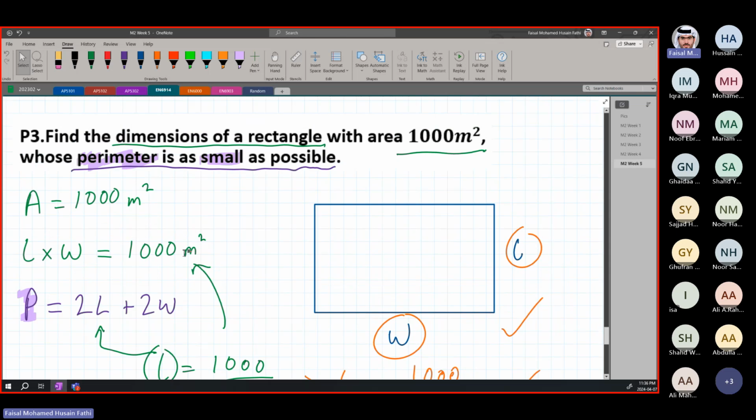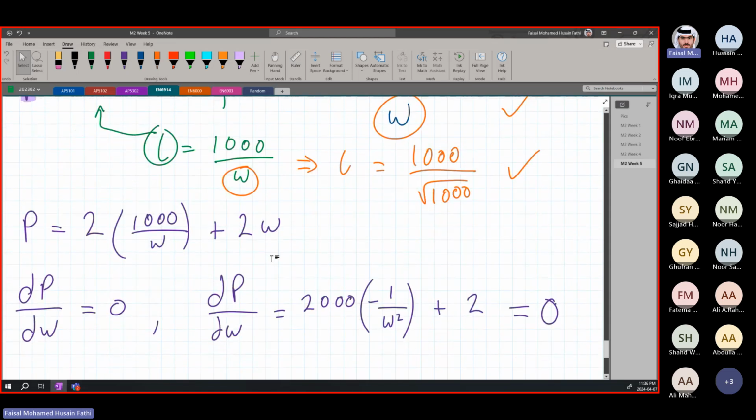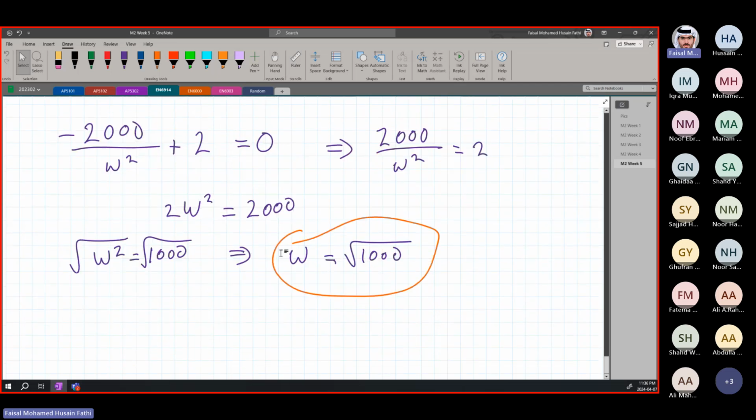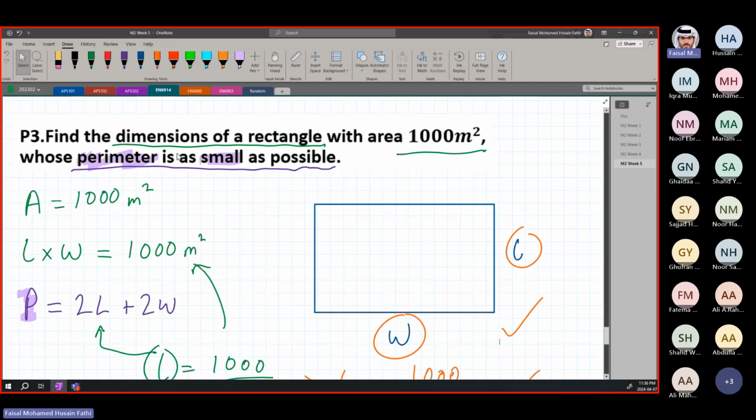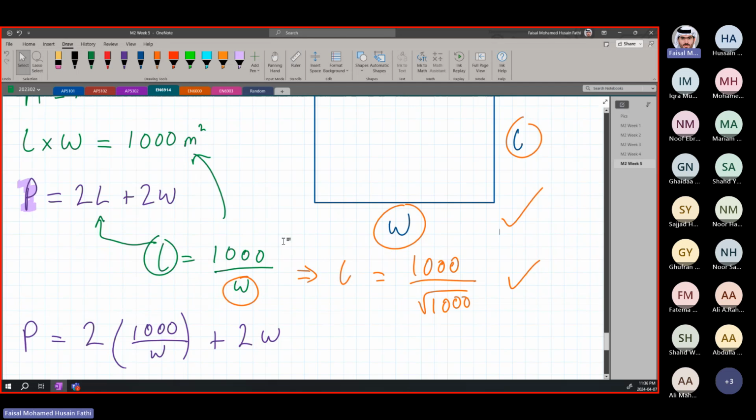But in general it's not necessary that there is division, because of small or large. If we said large, you would do the same exact step, and it might be the exact same way again. It all depends on the given question. If it says small or maximum or smallest or largest, it's always going to be the same method to solve.